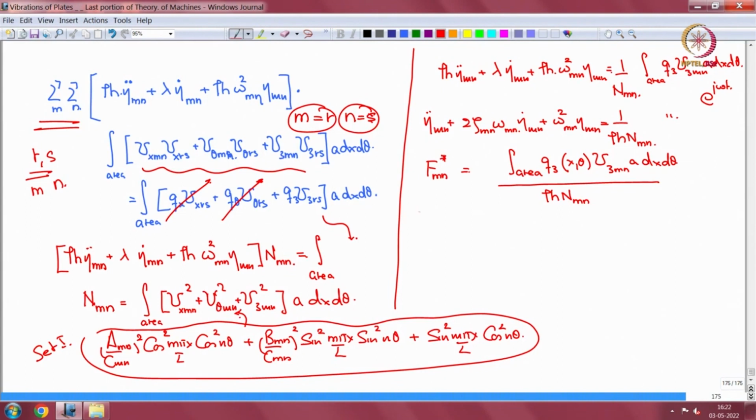Okay, then from here you get to gamma tilde, then from there you get to eta mn. Okay, so we will see how that goes step by step.